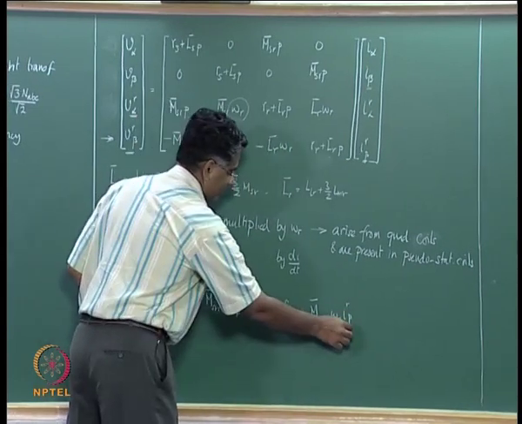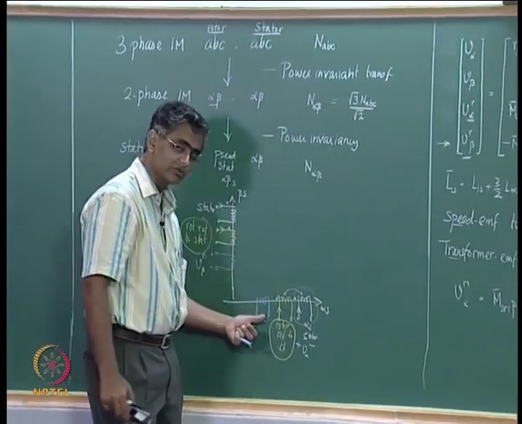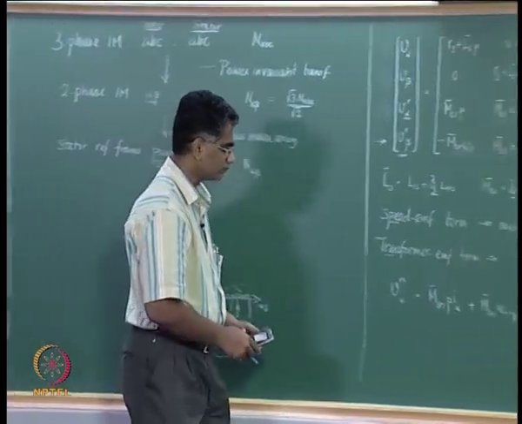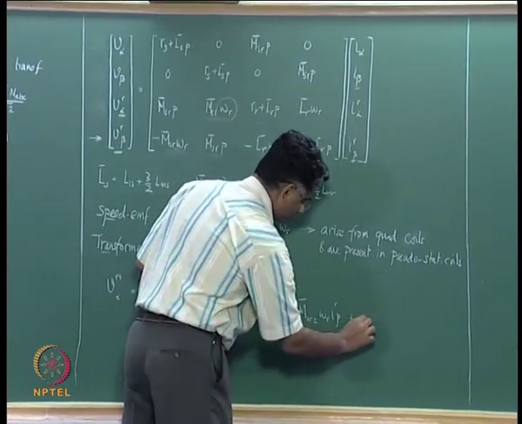IR beta is a current flowing on the other axis, and this being a pseudostationary coil, there would be a speed EMF due to this, and then you have its own.